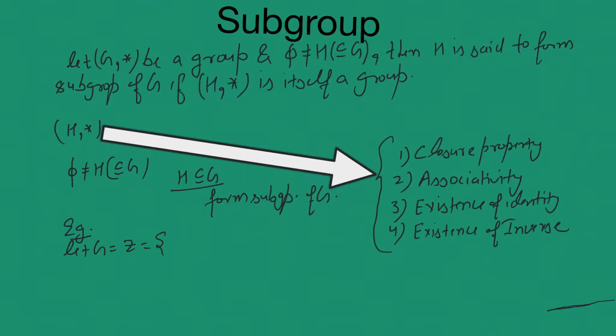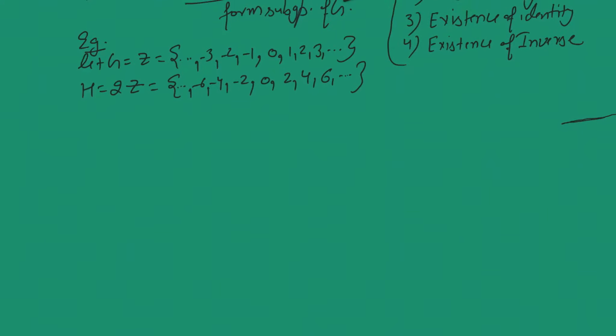So it will be having elements 0, 1, 2, 3 and so on, and in the negative side -1, -2, -3 up to minus infinity, and H is equal to 2Z, that is, even integers 0, 2, 4, 6 and so on, -2, -4, -6 and up to minus infinity. Now we shall prove that H is a subgroup of G.